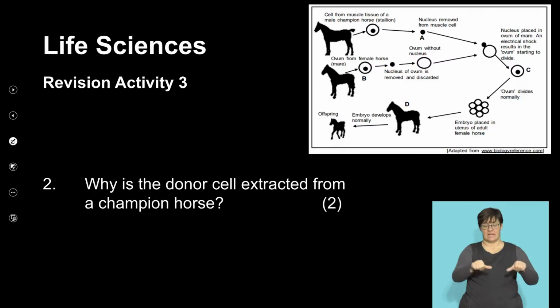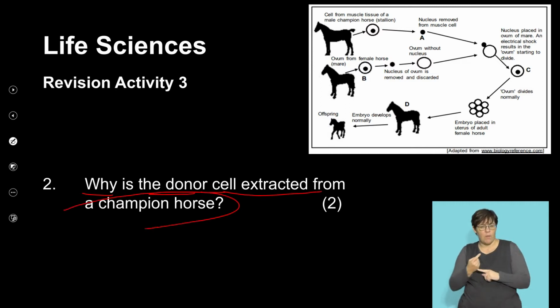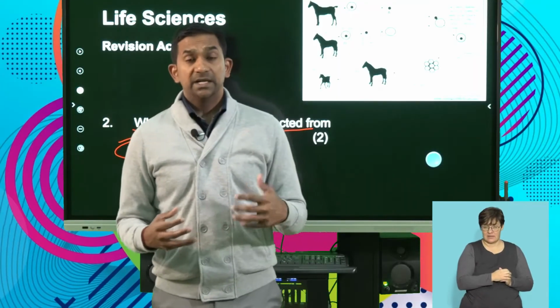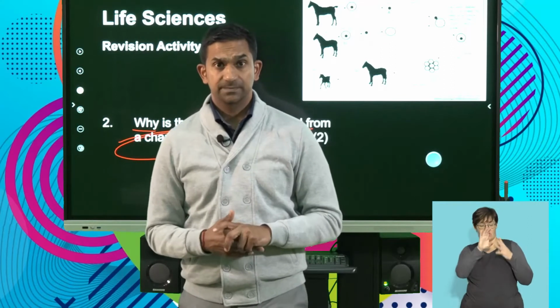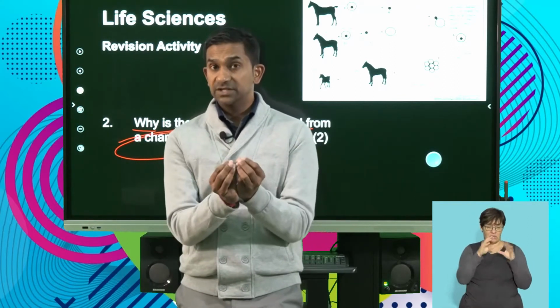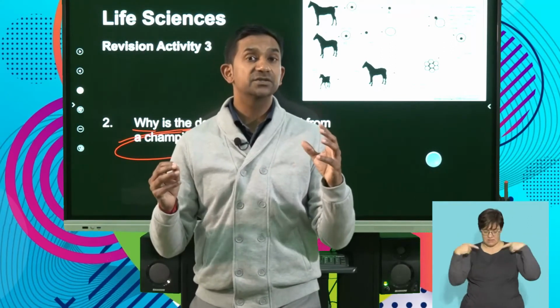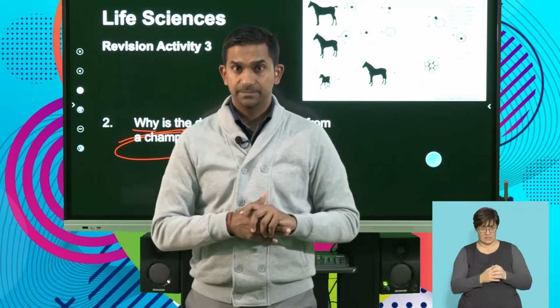The next question: why is the donor cell extracted from a champion horse? So guys, as I mentioned, again, animal breeders that choose individuals choose them for desired characteristics. Often during sexual reproduction, we have individuals having a combination of characteristics from two parents.